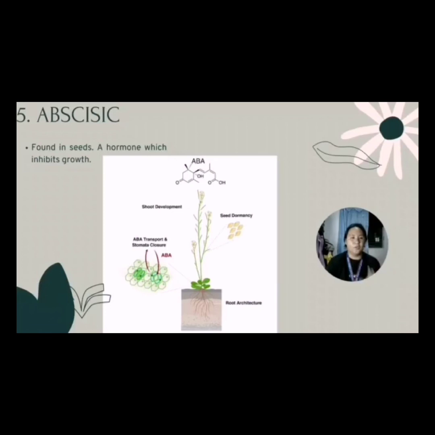Abscisic deficient mutants from various plant species display reduced dormancy and wilty phenotypes, highlighting that these crucial abscisic functions are conserved in the plant kingdom.